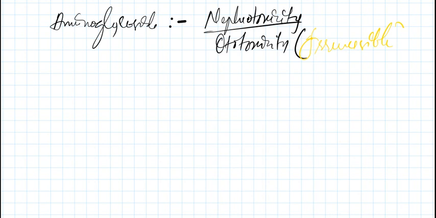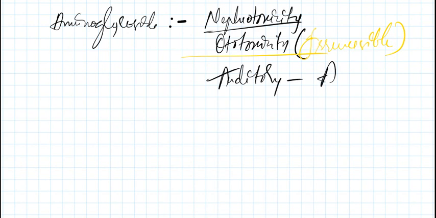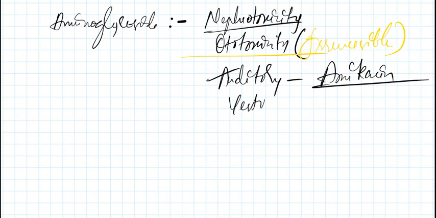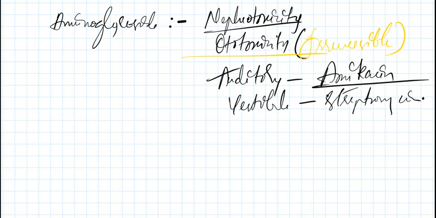Aminoglycosides cause irreversible ototoxic damage, right? Auditory side effects are mostly due to amikacin. Vestibular side effects are due to streptomycin, and they also cause neuromuscular toxicity.